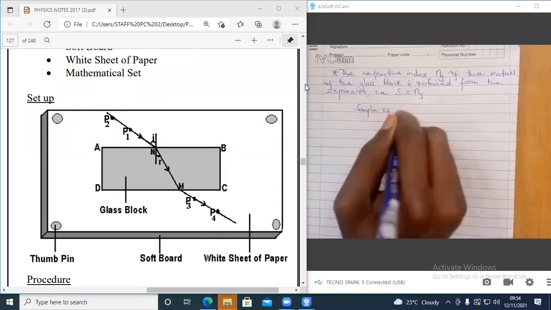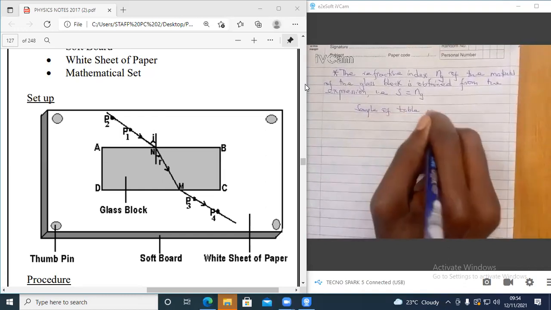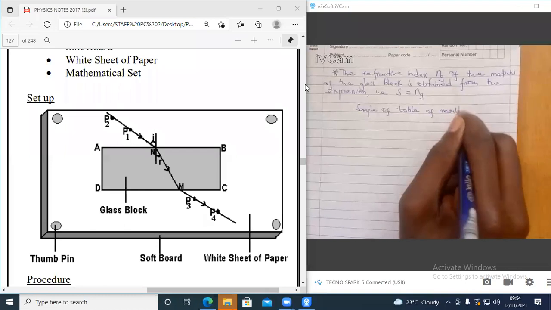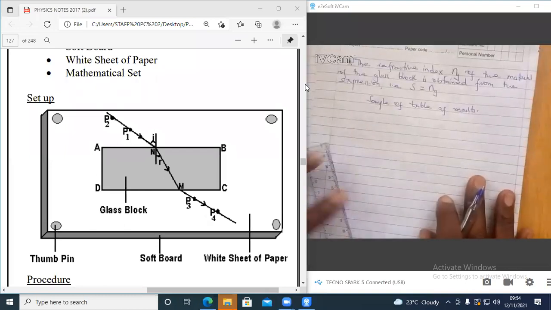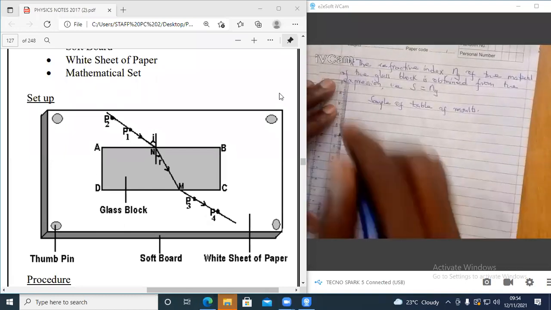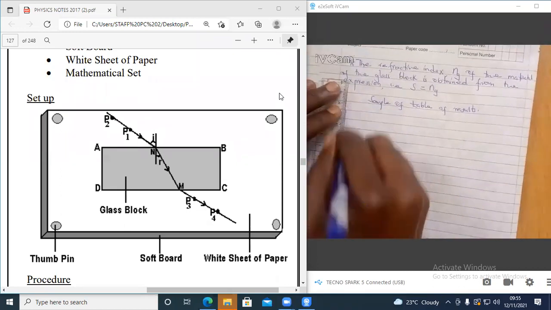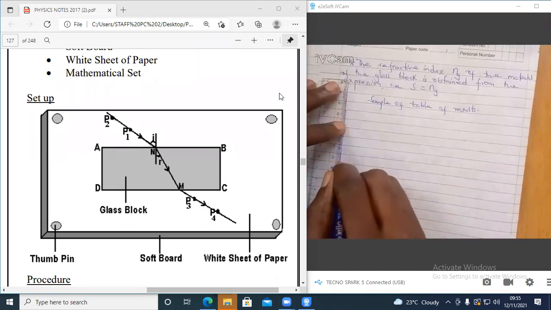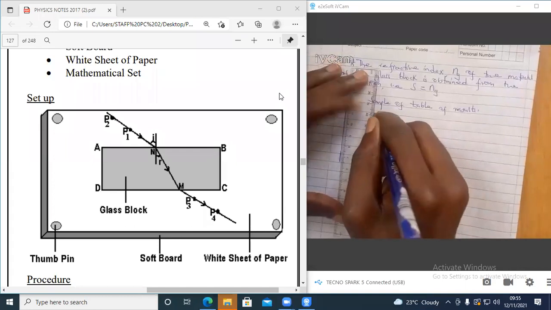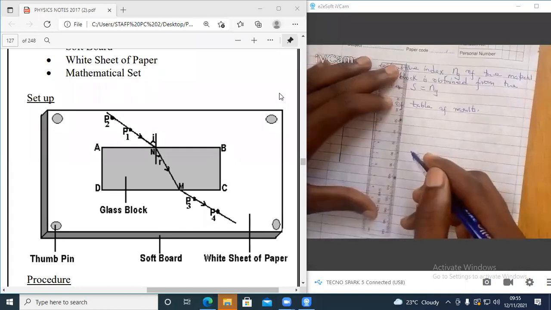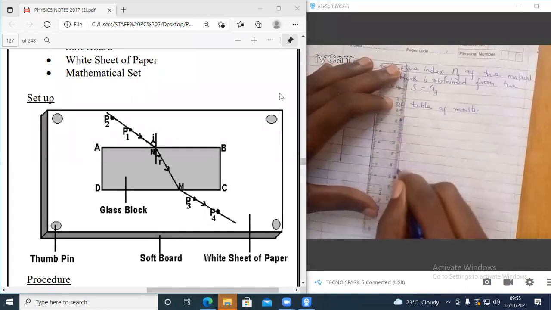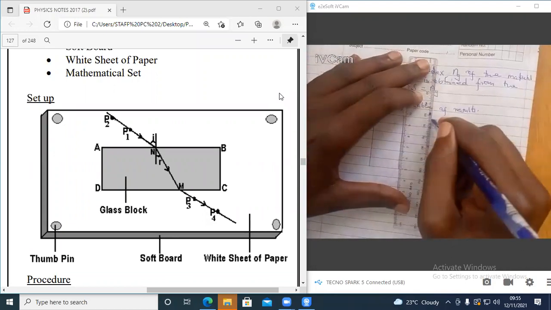So let's look at the sample table of results. This is how our table should appear when performing this experiment in the lab.